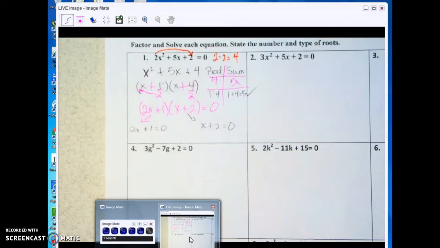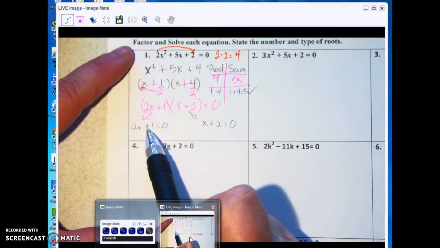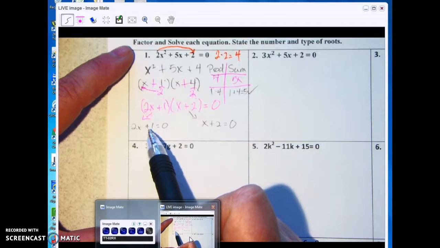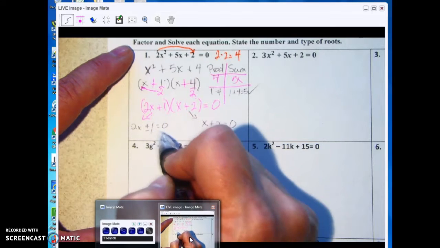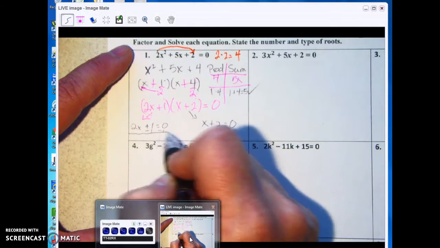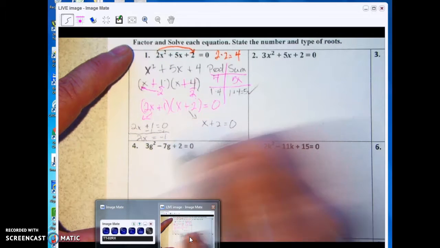Now I have a very basic, simple algebraic problem to solve. I want to solve for x. What's the first thing I'm going to do here? Subtract 1. Now I have 2x equals negative 1. What's my next move?